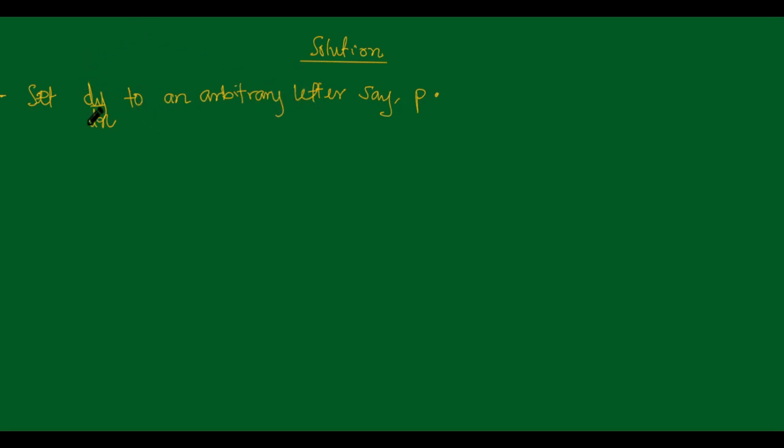The next thing in this kind of differential equation is to make p the subject of the formula. Remember, it's a differential equation solvable for p, so I'm going to make p the subject of the formula.